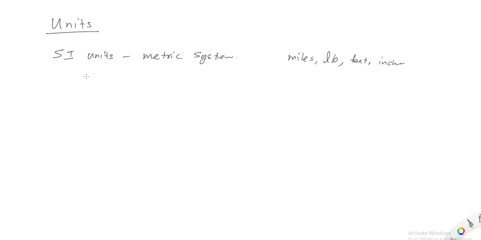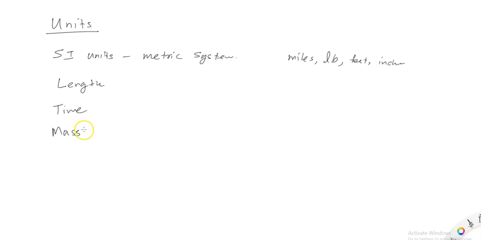Okay, so what are the basic quantities that we use all the time? We use things like length, time, and mass. So these are called the basic quantities.